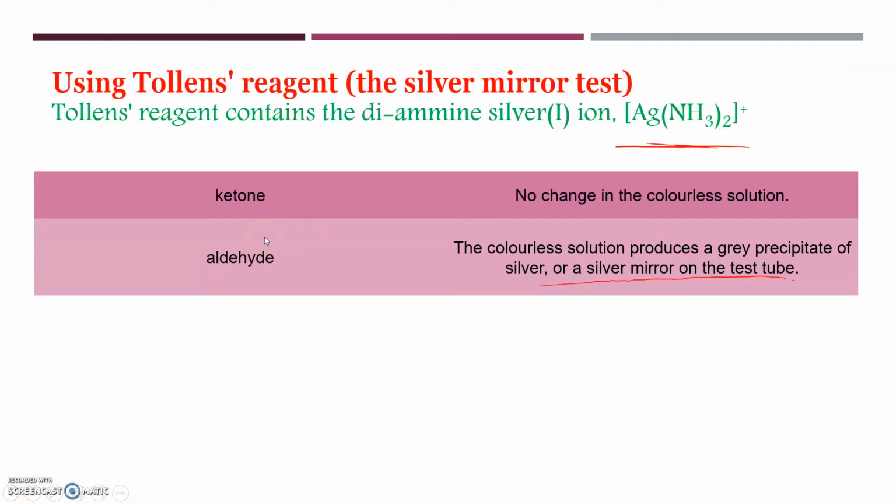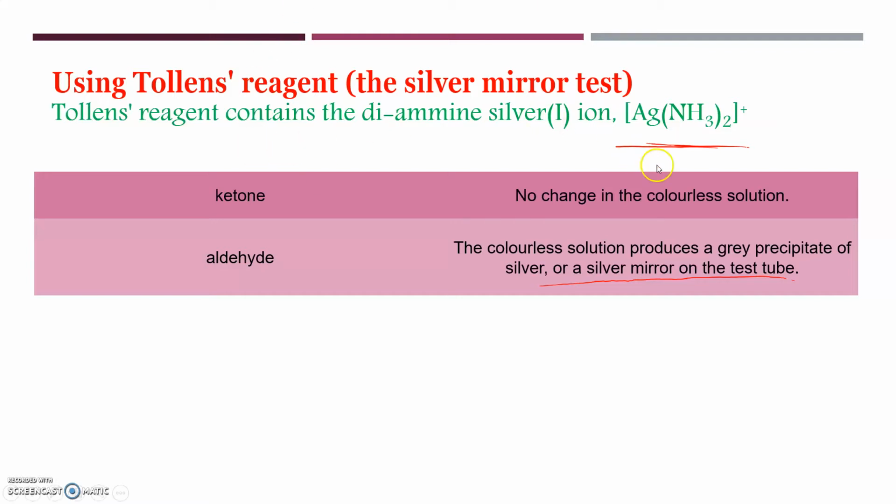And the silver mirror test and Fehling test differentiate between aldehydes and ketones. For the Fehling test, the previous test that we have seen, the ketones do not change. The blue color of the Fehling stays blue, and in aldehydes, the blue color turns to a red brick precipitate.